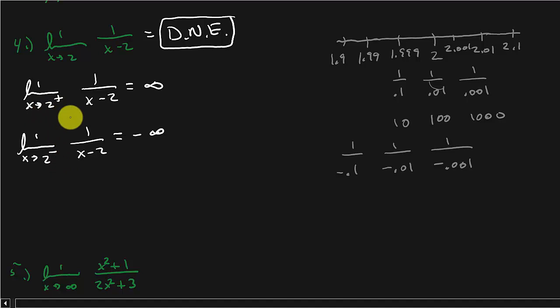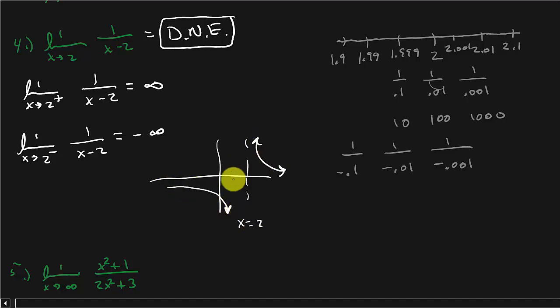And remember in the graph up there, there's your vertical asymptote at x equals 2. And what does that graph look like? This and this, right? As we're coming in from the left, it's going to negative infinity. As we're coming in from the right, it's going to positive infinity.